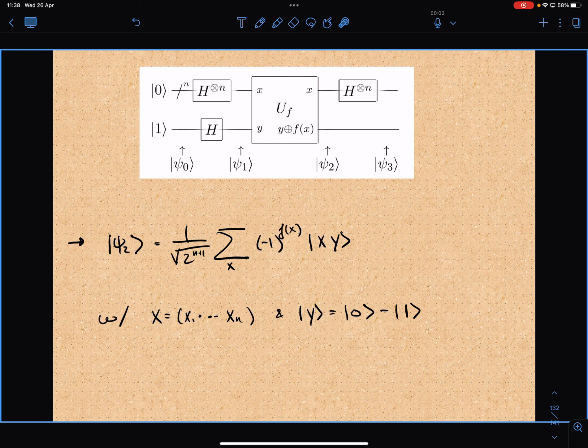In the constant case, everything has the same relative phase, and in the balanced case, the phase flips, alternates. That's how we're going to be able to tell whether it's constant or balanced.